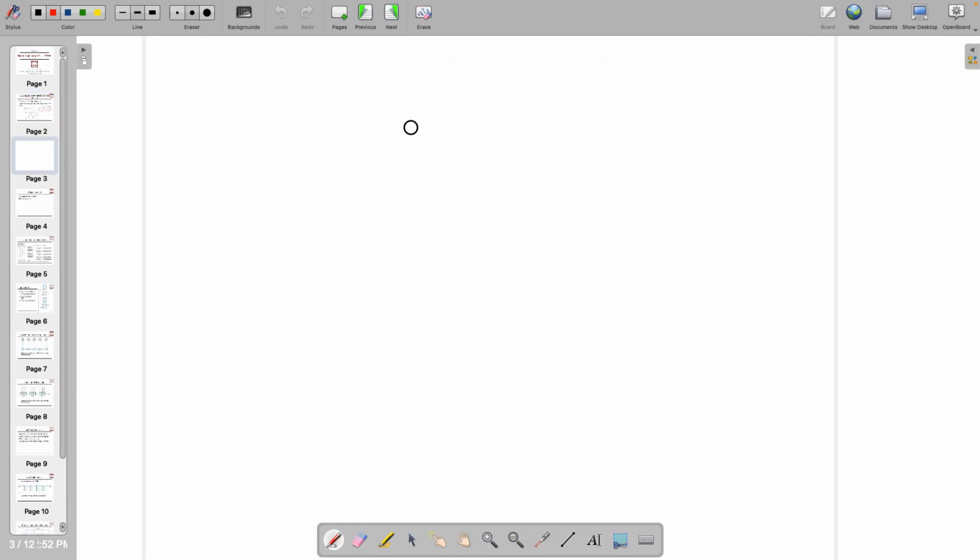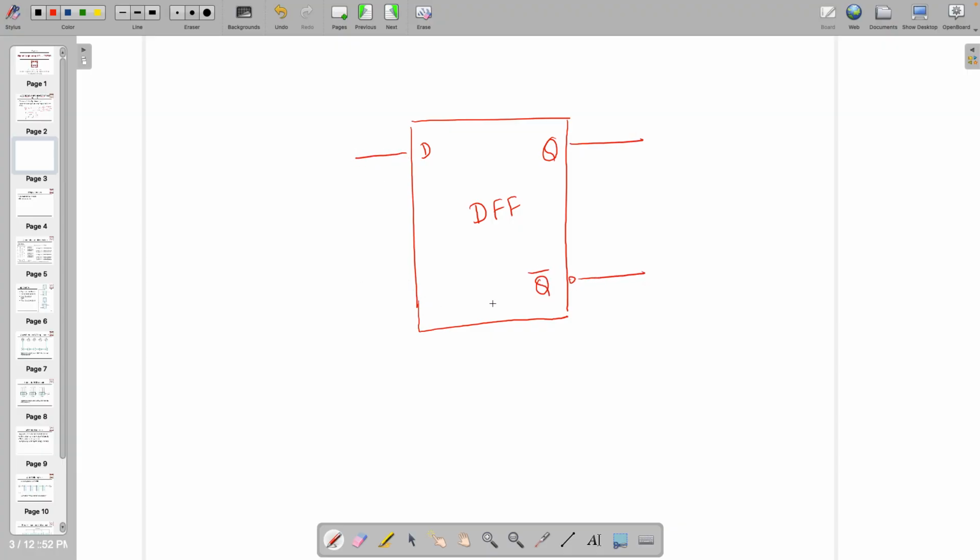Few more things are also there. All the advanced flip-flops have, so I'm writing a D flip-flop, but there are various pins, not only D, Q and Q bar and clock. It may have reset and it may have preset.